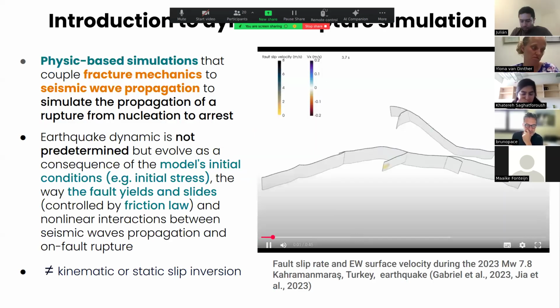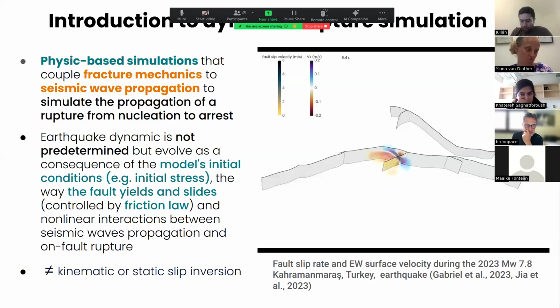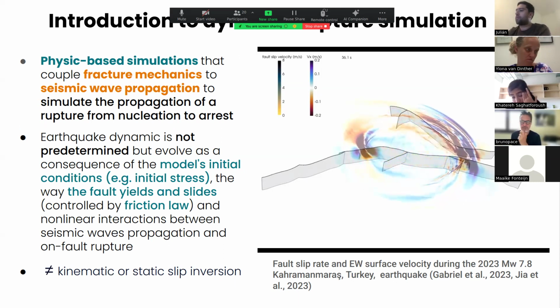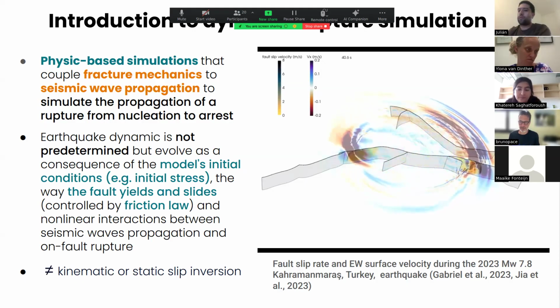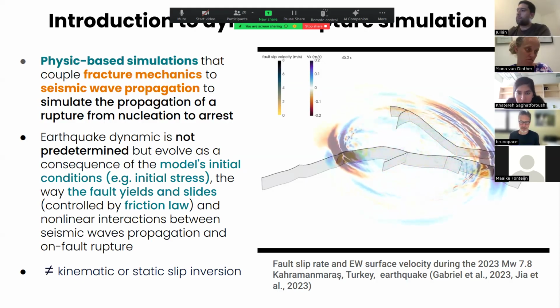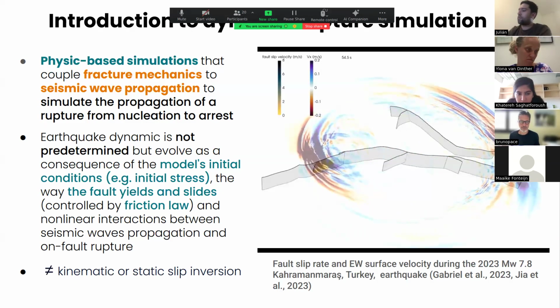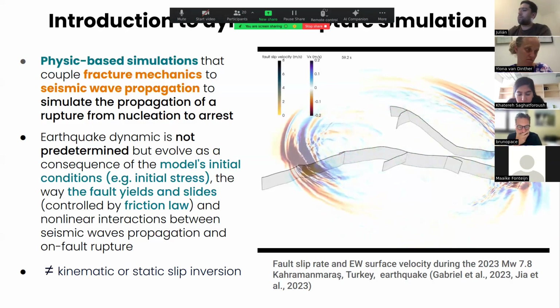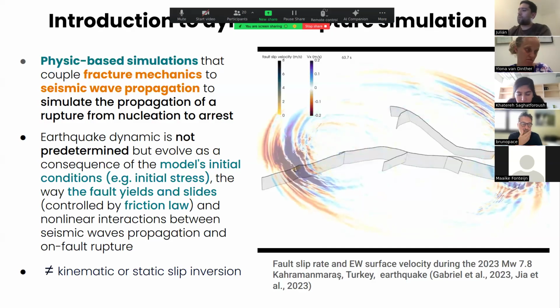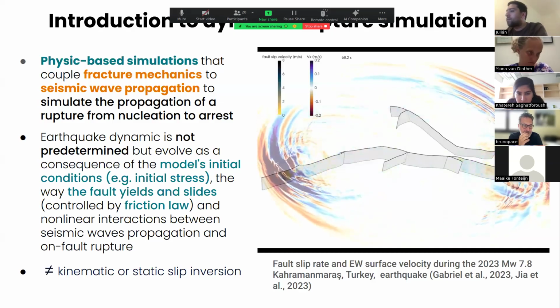So dynamic rupture simulations are physics-based simulations that couple fracture mechanics to seismic wave propagation to simulate the spontaneous propagation of an earthquake rupture, from its nucleation to its arrest. On the right, you can see the result of a dynamic rupture simulation of the Kahramanmaraş earthquake doublet with the slip rate on the fault and the simulated waves at the surface, in the volume.